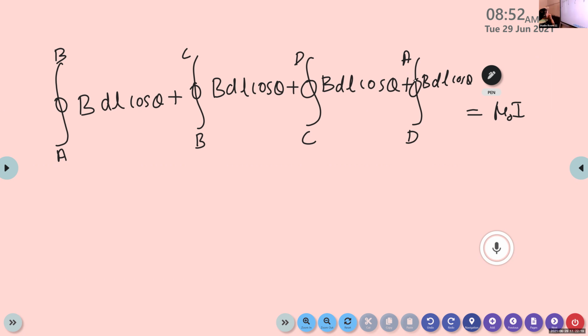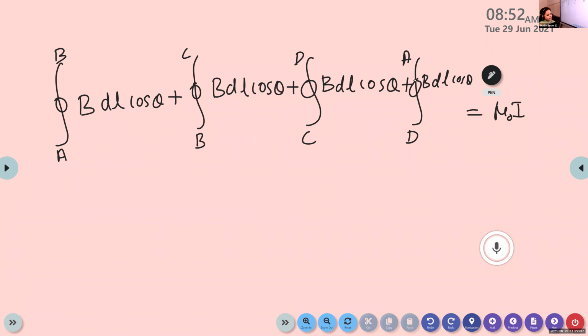Closed integral over A to B, B dl cos theta, plus closed integral over B to C, B dl cos theta, plus closed integral over C to D, B dl cos theta, plus closed integral over D to A, B dl cos theta.